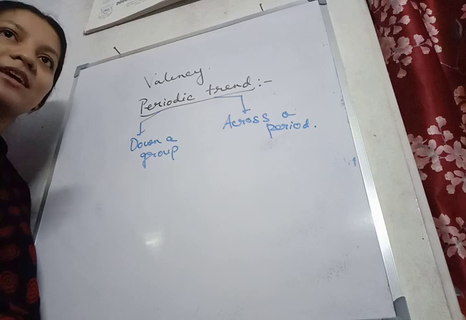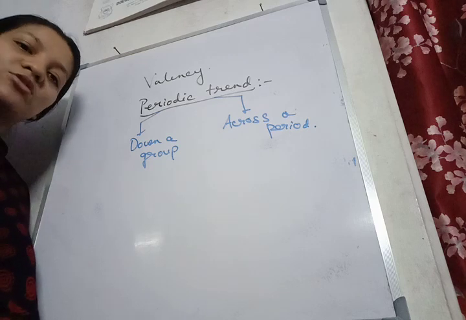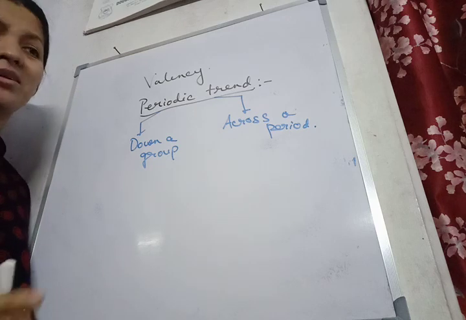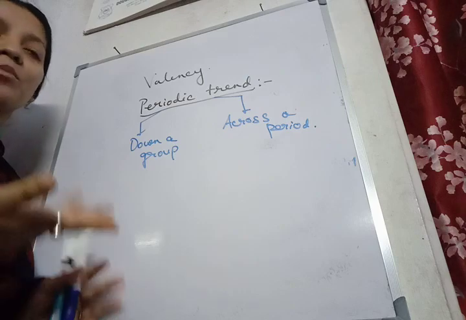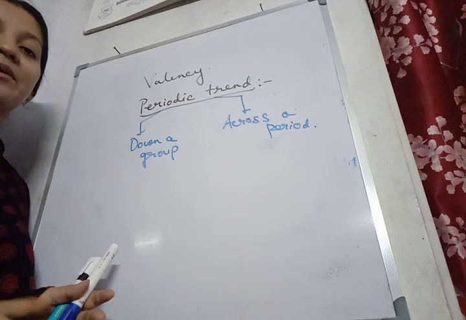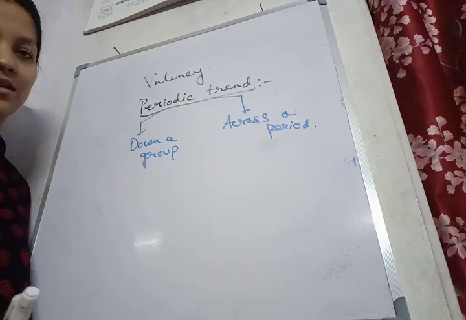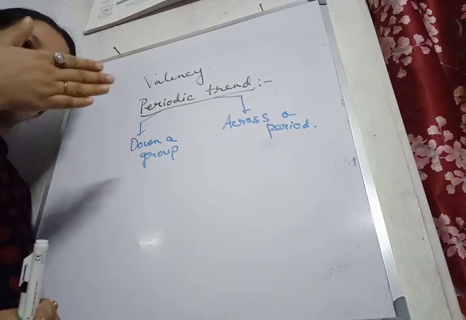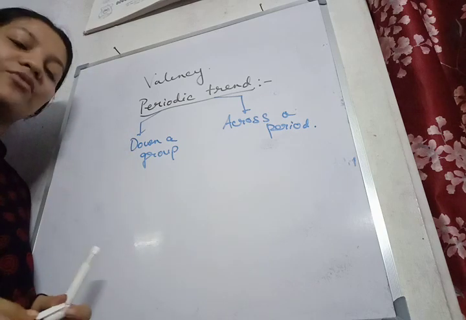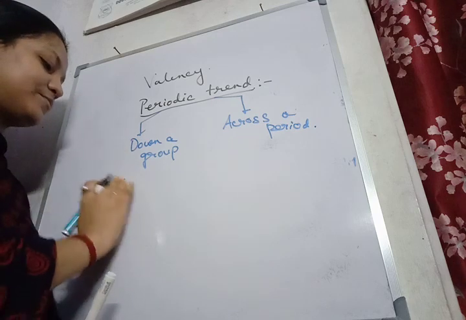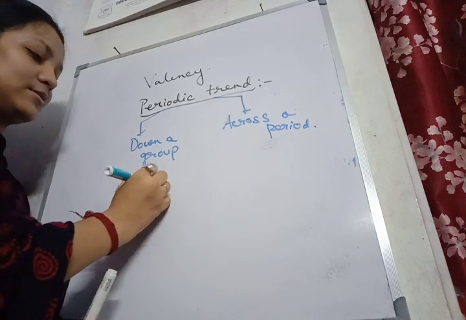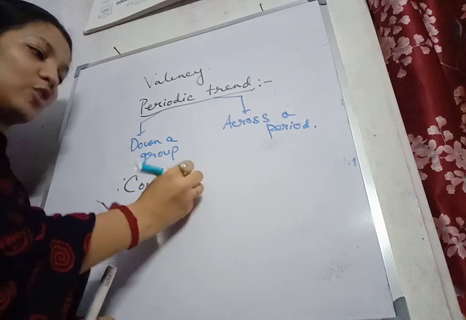If I move from lithium to sodium, the valency of lithium is 1 and the valency of sodium is also 1, because lithium, sodium, potassium or any group 1 element will have only one valence electron. So the valence electron count is equal to the valency. Basically, on moving down a group, the valency remains constant.